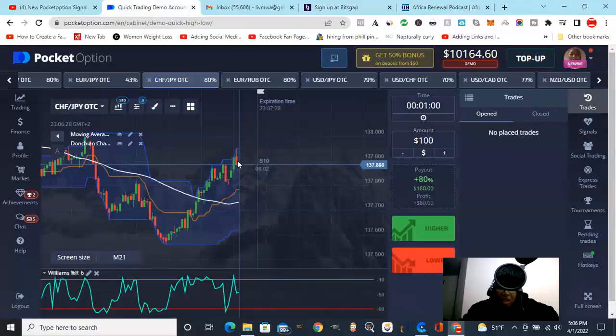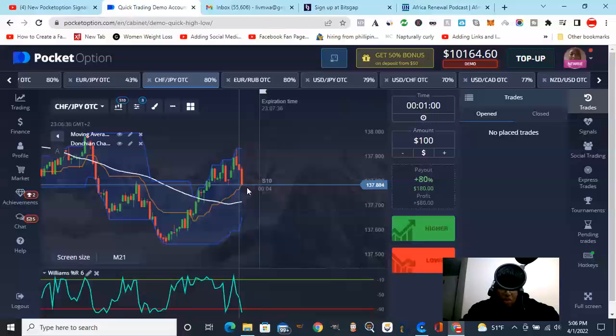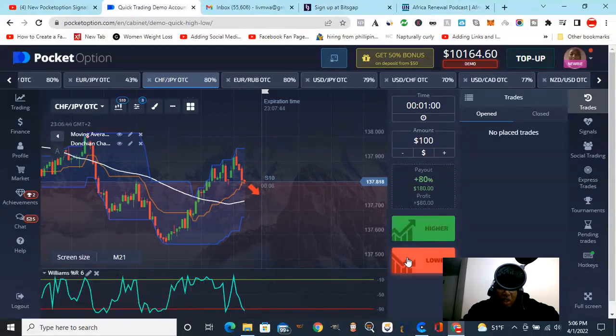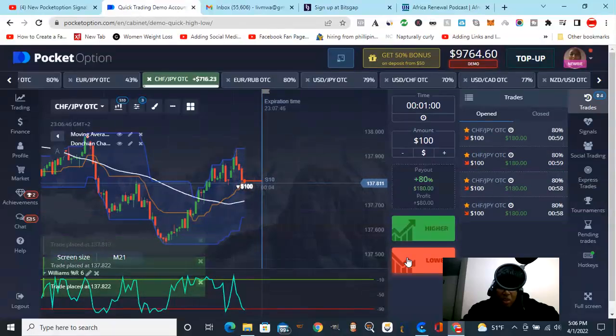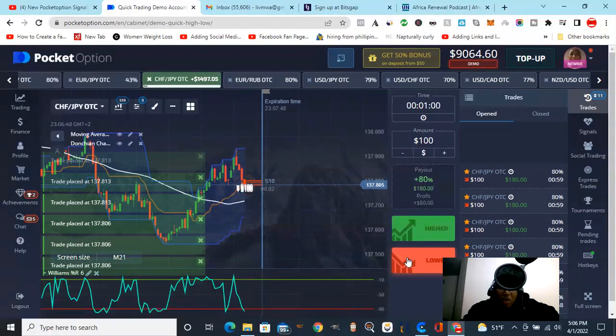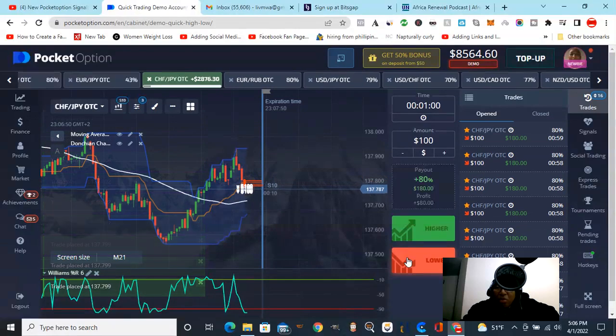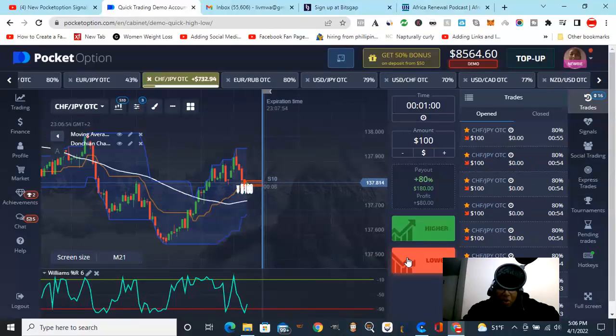And let's see here. This is going down. Okay, that's a strong red candle there. It's going down. This is a downward trend. It is going down, so we're going to jump in here and go down, and let's see how much we're going to make, if we can recoup our losses and make a big profit.